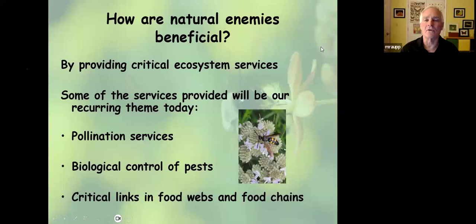Now, what they do, these natural enemies, they provide what I call critical ecosystem services. Now, you might have heard the term ecosystem service. These are basically things that Mother Nature gives us that benefit us in some way. Now, a lot of the folks I work with, my master naturalists, are involved in scientific outreach, as I am.